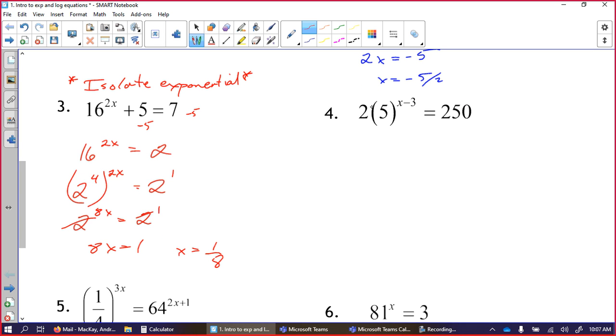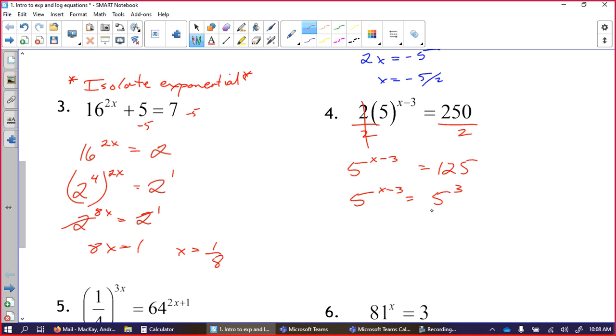Same idea, it's just instead of an addition or subtraction, I have this business in front. Divide by 2, divide by 2. 5 to the x minus 3 is 125. That's a power.